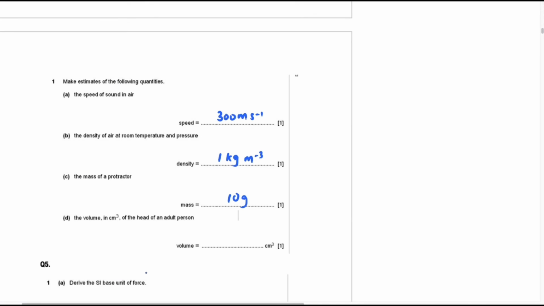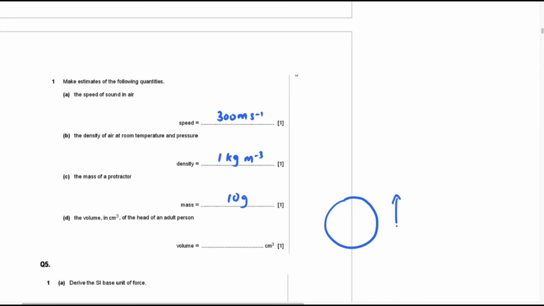And D, the volume in cm cube of the head of an adult person. They may ask something like this. You can't cut your head and put it inside the water to get a volume, right? So you have to imagine, in cm cube. The head of an adult person is about 20 cm.